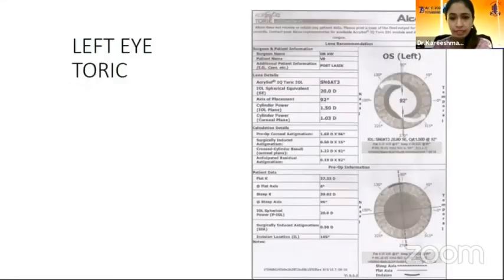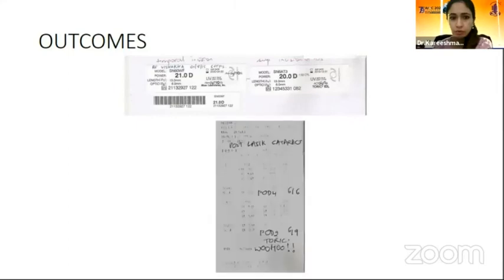Now, when I entered her data into the calculator, in the right eye it shows me 21, as opposed to the IOL Master, which was showing 20. So a 1 diopter change. In the left eye, I put in a toric lens because she had a little astigmatism. And these were the powers that were ultimately used.